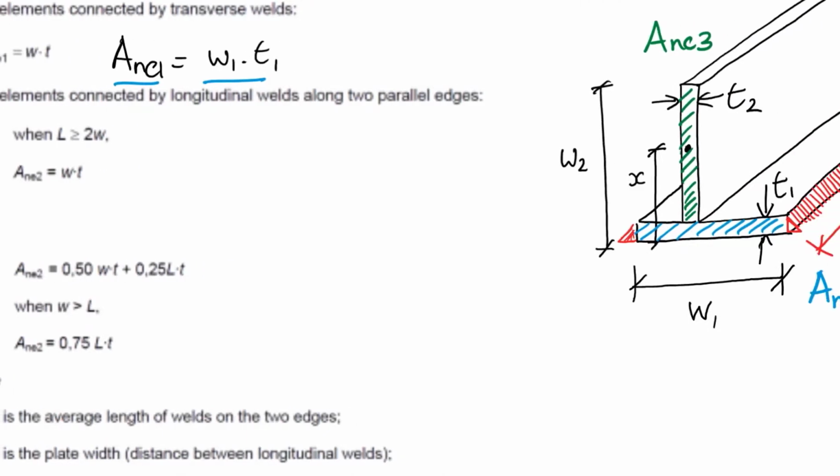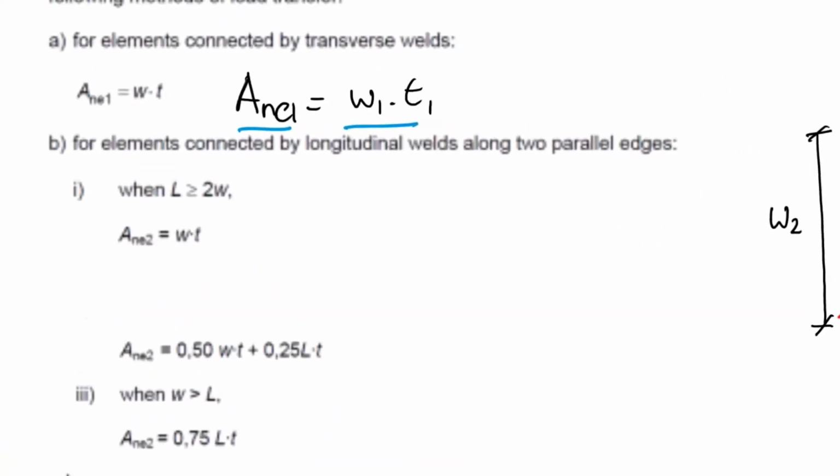So we've got longitudinal connections down the length, so that means we've got a weld each side of length L. When L is greater than 2W1, and I'm intentionally putting 1 and 2 so you can see there's a difference between outstand and connected length, your ANE2, where otherwise you can write W equals W1 here, and then T equals T1, or you can just put those in there. You can otherwise just go W1 and T1, depending on which one makes more sense for you.